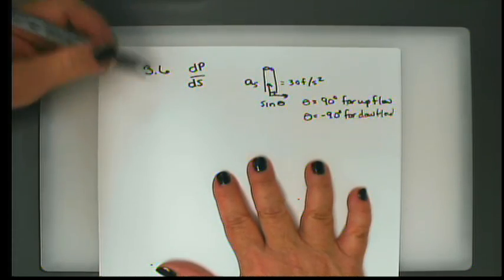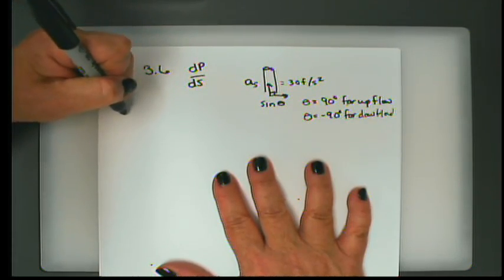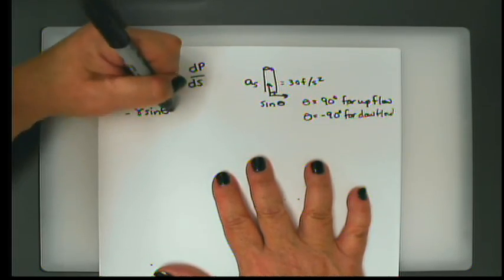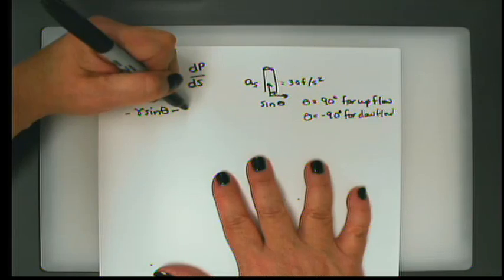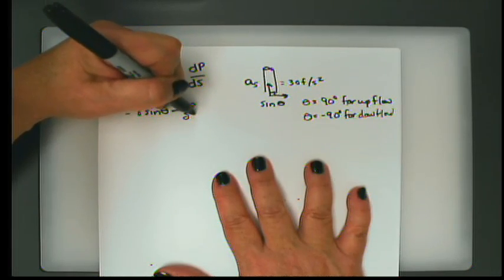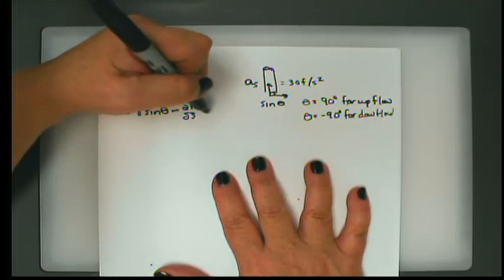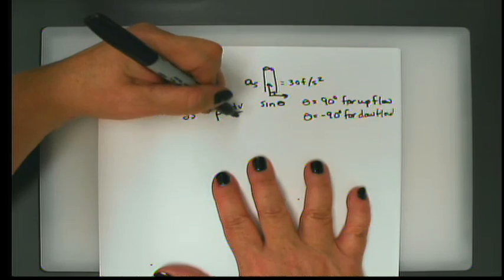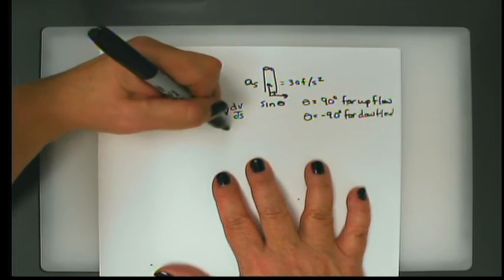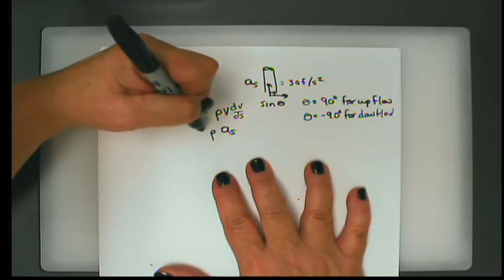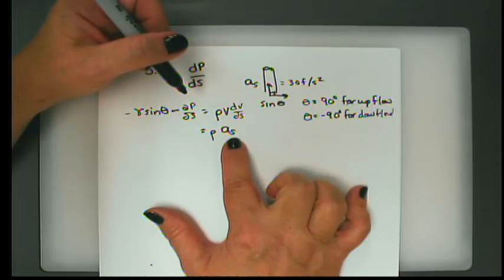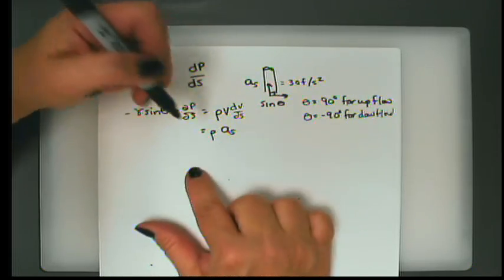All right, so let's go ahead and set up the equation then. We know that minus gamma sine theta, just rewriting that equation from before, minus dP/dS, which is what I'm looking for, is equal to rho v dv/ds. But v dv/ds is acceleration along a streamline, right? So it looks like that.